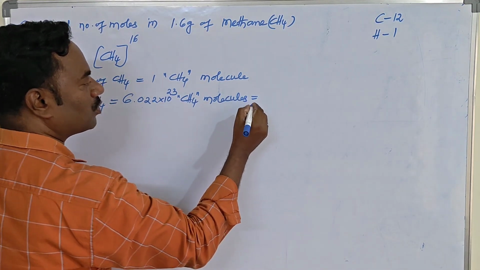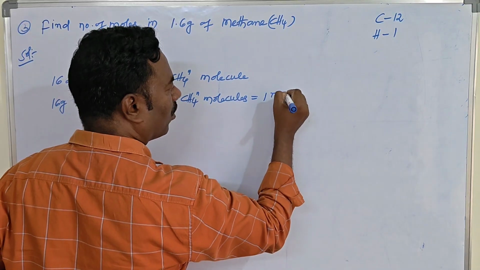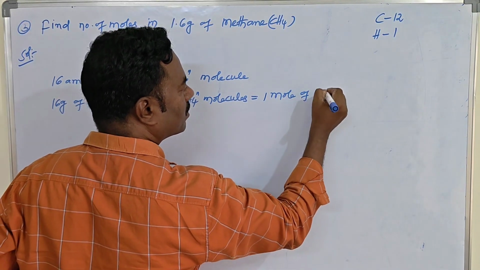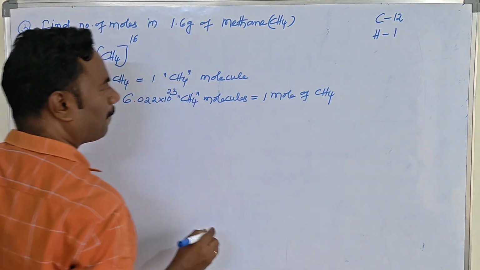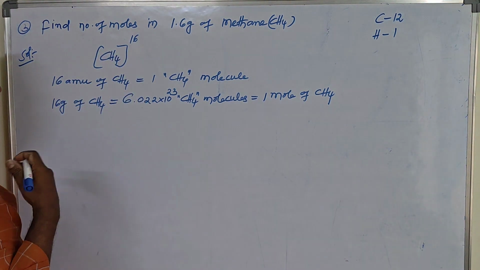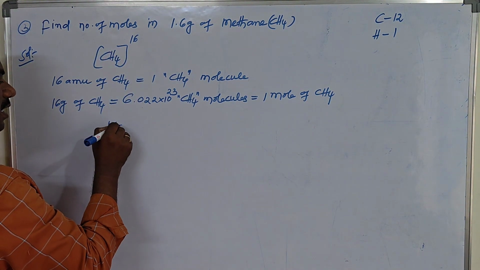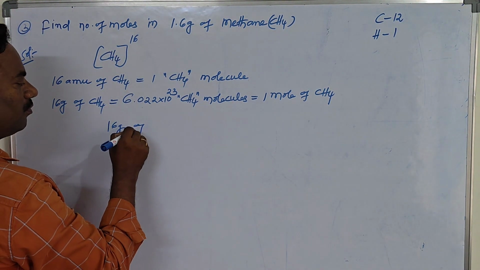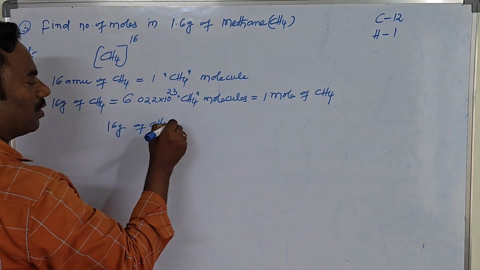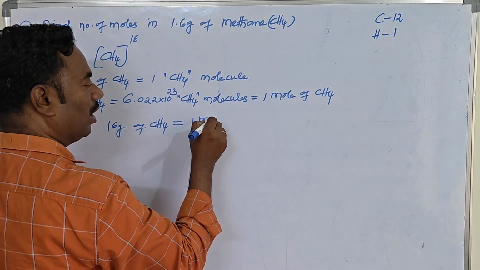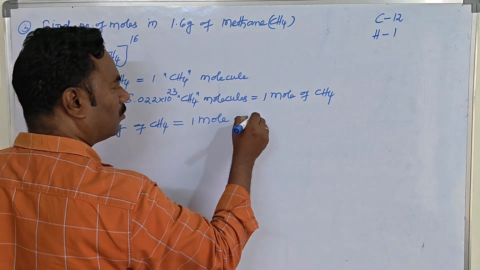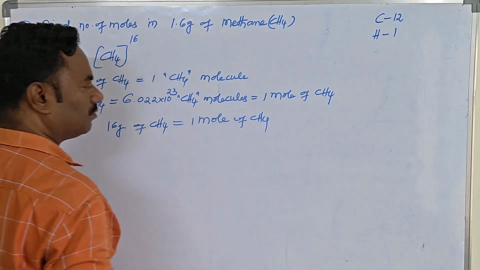It is equal to 1 mole of CH4, methane. From the basic data I know that 16 grams of CH4 is equal to 1 mole of CH4.